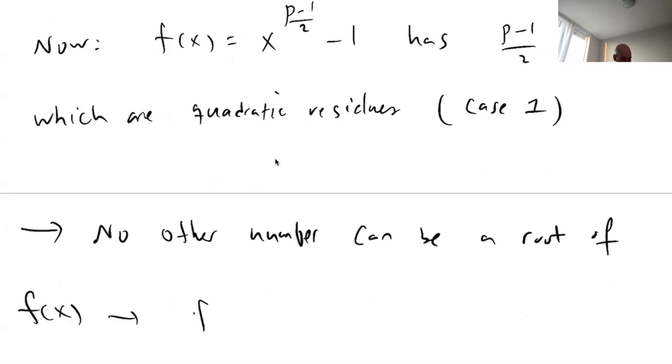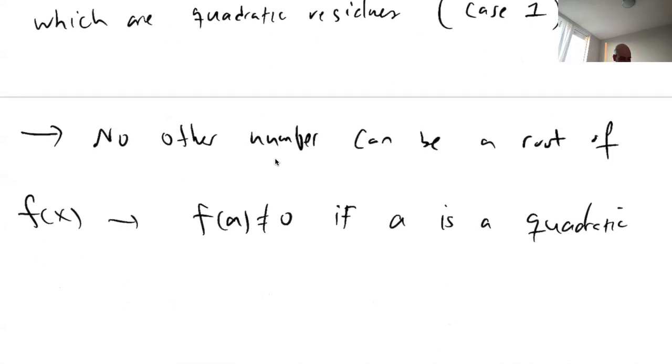So that means f of a is not equal to 0 if a is a quadratic non-residue.